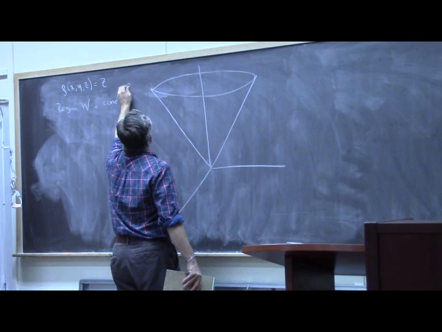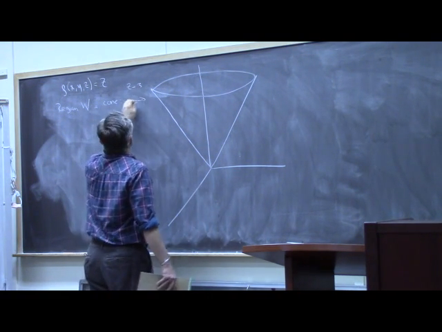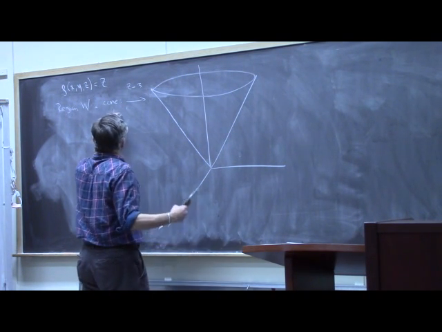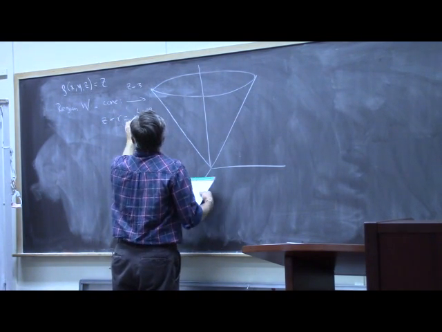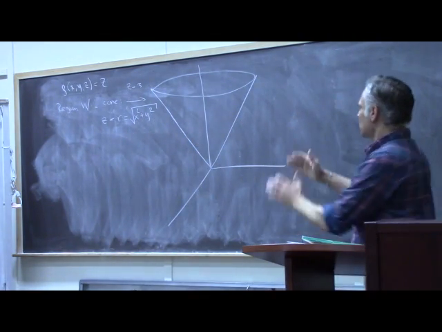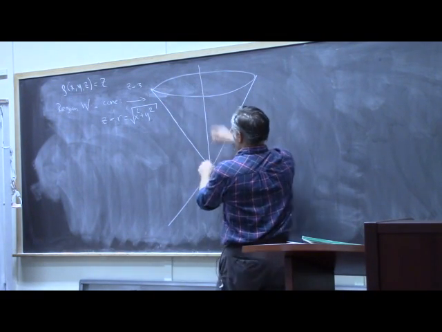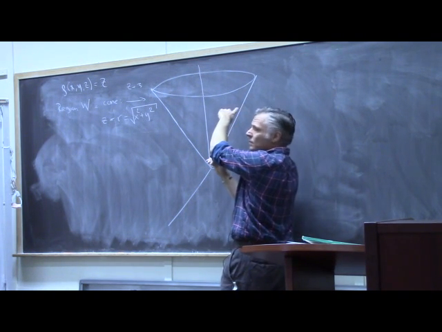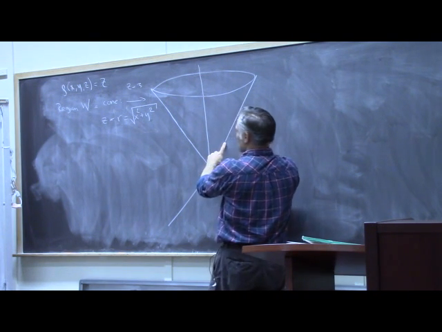So this is going to be z equals 3, and so this is a cone, and all of this is given in the problem statement, that the slope is 1, so that the radius of the cone and z are the same value.